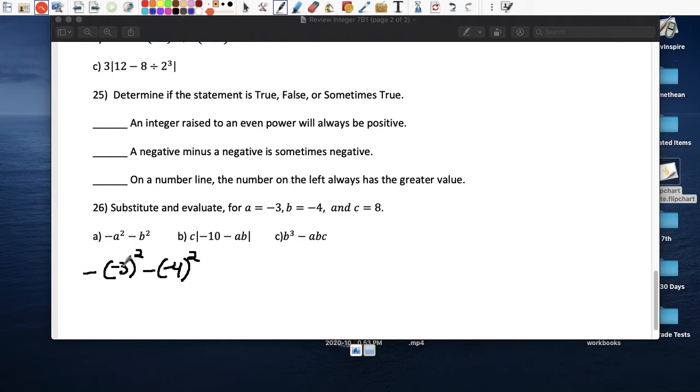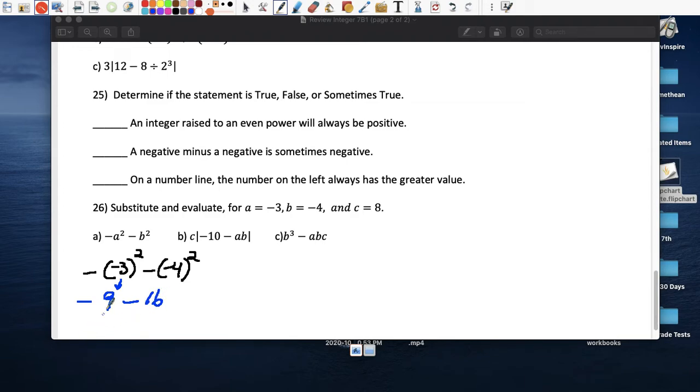To solve this, that minus is going to wait a little bit. Negative 3 to the second power is negative 3 times negative 3, which is 9. Again, that subtraction sign is going to wait, and let's change that exponent. Negative 4 times negative 4 is, sorry, positive 16.